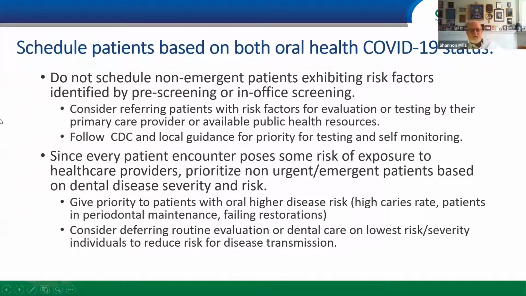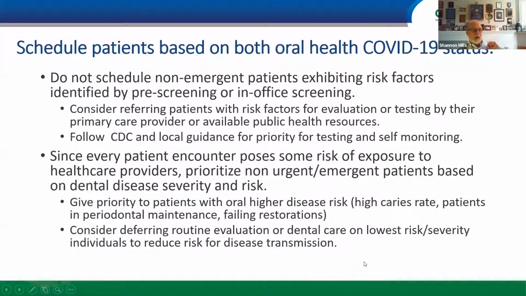If you need to send somebody for testing, do it, but you have to know what the local requirements and capabilities are. Because every patient poses some risk, I'm going to suggest that you prioritize urgent and emergent patients over patients at lower risk, at least early on until some of these things sort out.